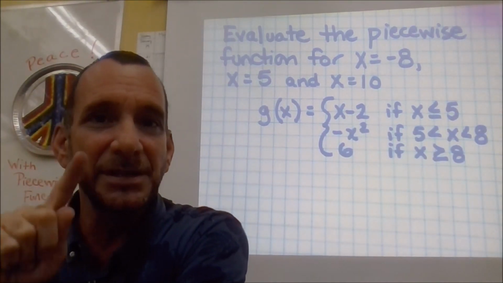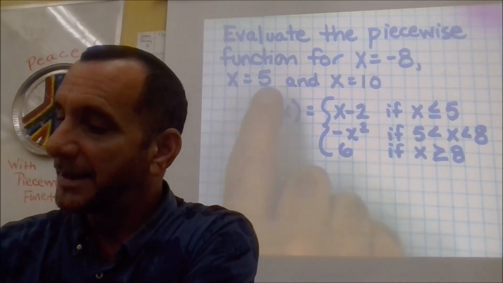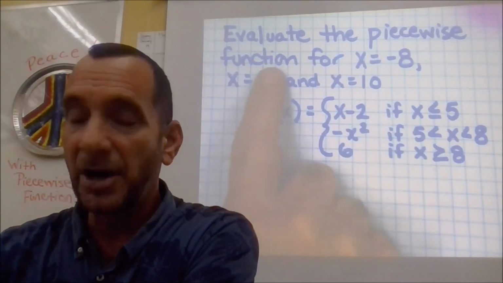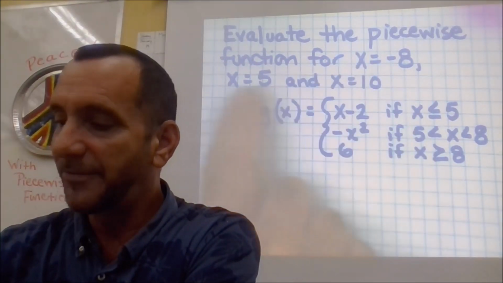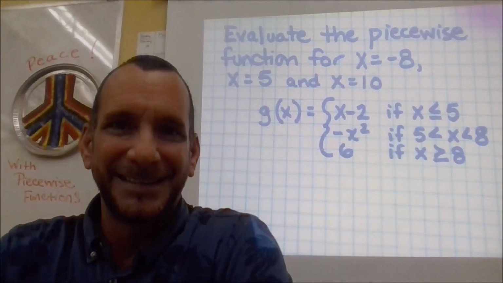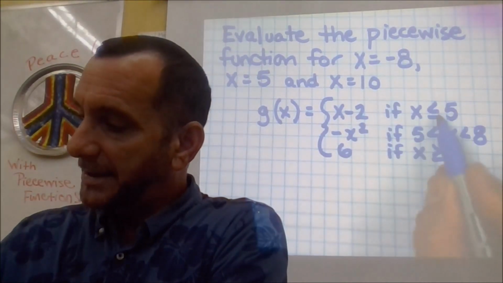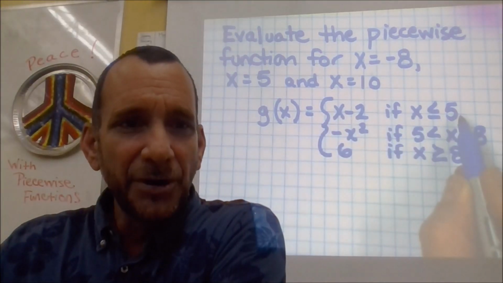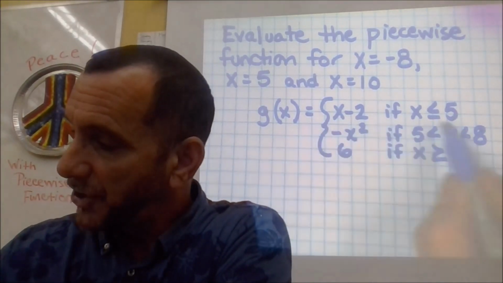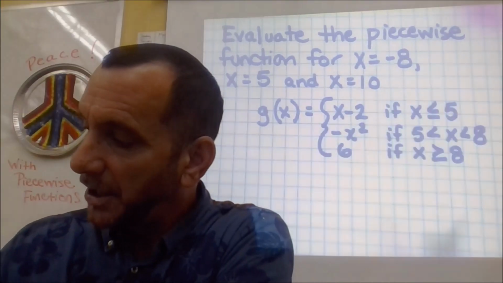But the first type of problem is to evaluate the function for these values of x. So here we are. When x is negative 8, that falls into the first category or the first function because x is less than or equal to 5.